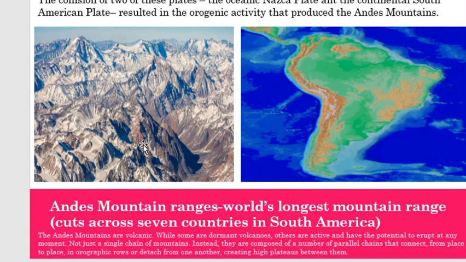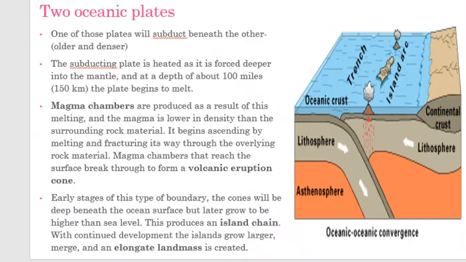While some are dormant volcanoes, others are active and have the potential to erupt at any moment. Again, as you can see in the image, they are not just a single chain of mountains. Instead, they are composed of a number of parallel chains that connect from place to place in orographic rows from one another, creating high plateaus between them, as you can see in the image.